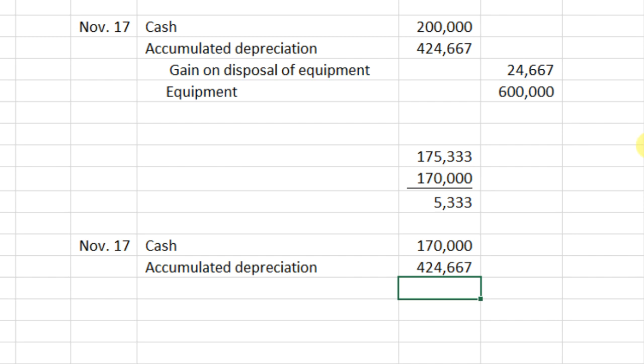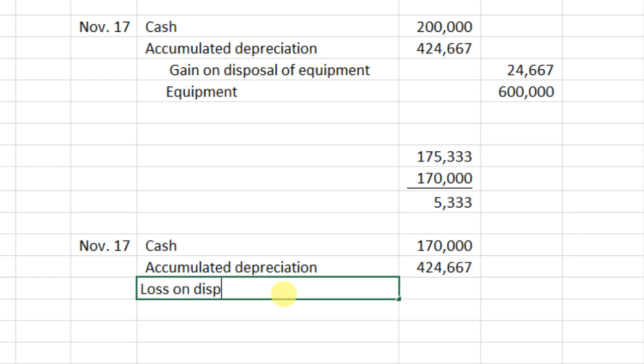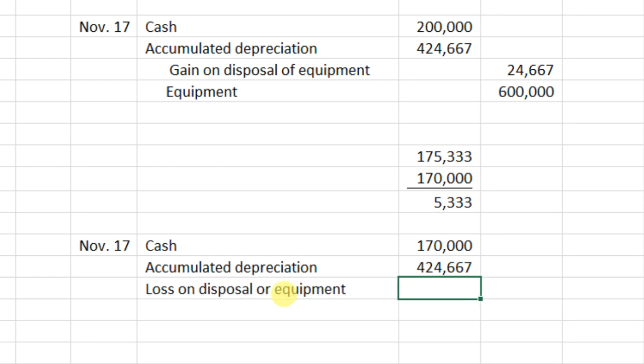Now, as you know, a loss is a debit, just like an expense. So instead of a gain, we have a loss on disposal of equipment. And I'm going to call that my 5333 loss.